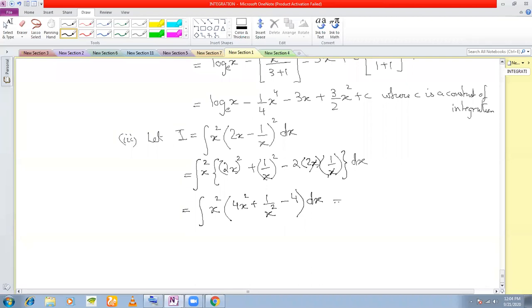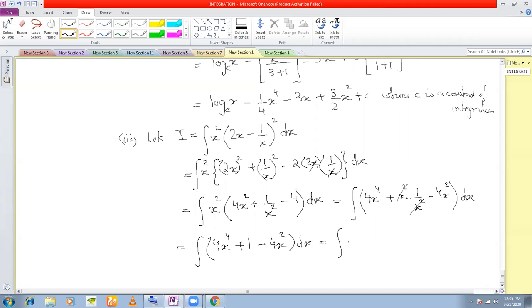So this is integral x square into 4x square is 4x to the power of 4, plus x square into 1 by x square, they cancel, we get a plus 1, minus 4x square dx.